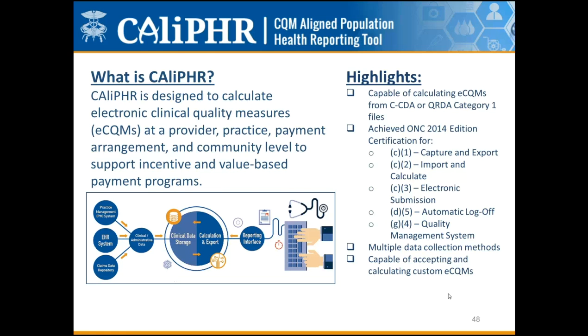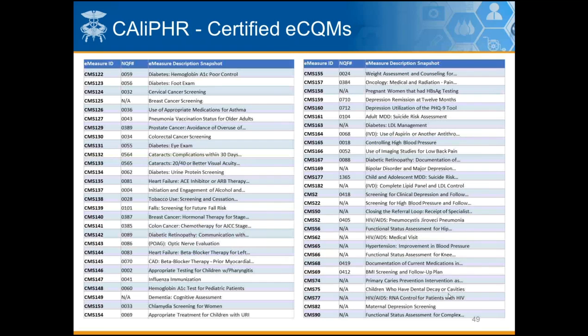If we could jump to the next slide. So apologies for this slide. I know you probably can't read it. I know that we're going to be passing out a paper version of this or an electronic version after. We just wanted to give you a snapshot. These are all the electronic clinical quality measures that Caliper has been certified to calculate per 2014 edition certification.